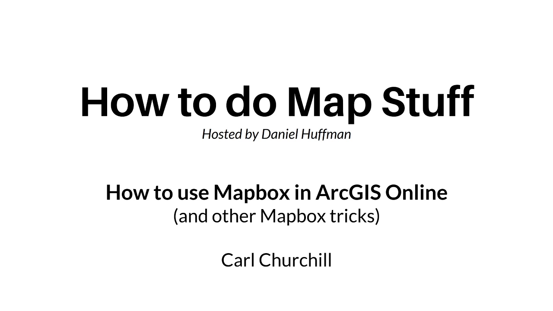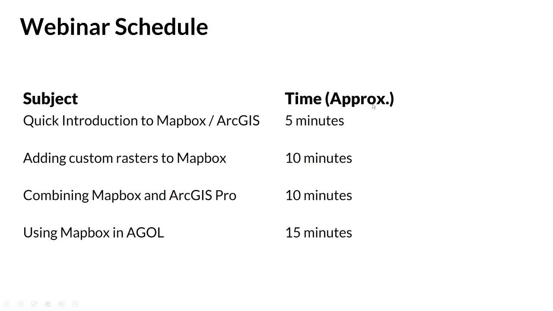Okay, this is my presentation for the How to Do Map Stuff webinar, hosted obviously by Daniel Huffman. This is how to use Mapbox in ArcGIS Online and a few other tricks and tips along the way. We're going to break things down into a few mini sections, aiming for about 30-40 minutes, as I said.